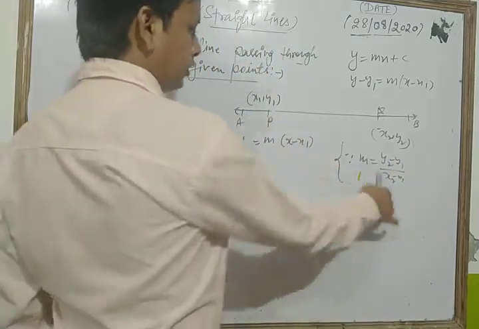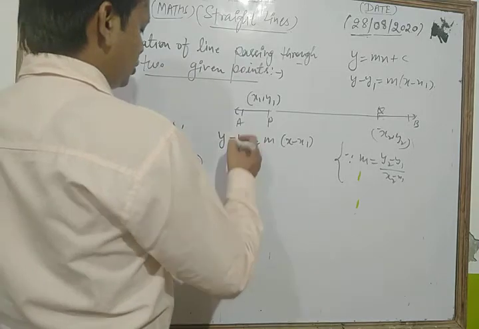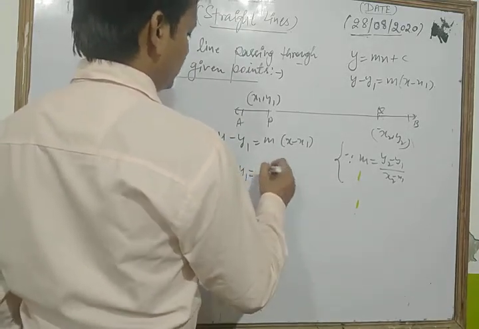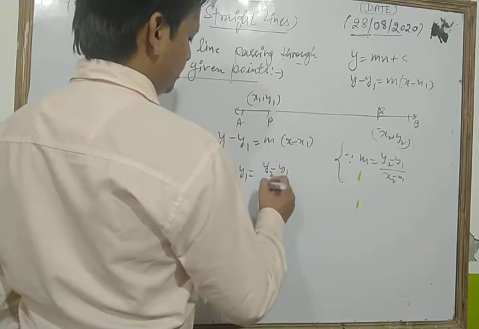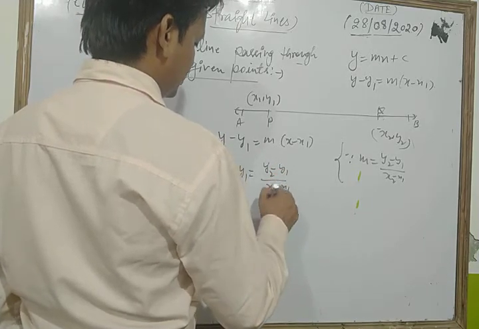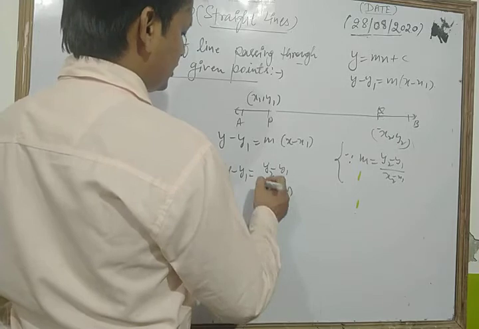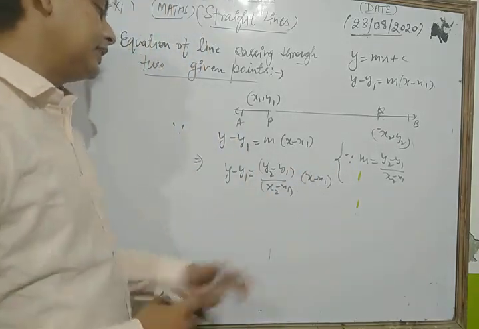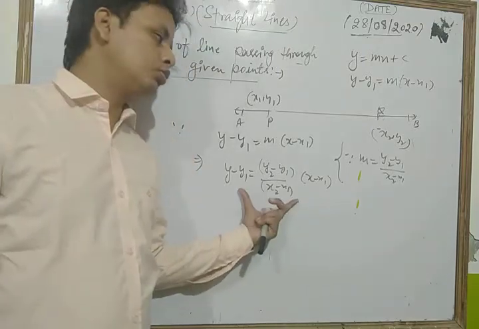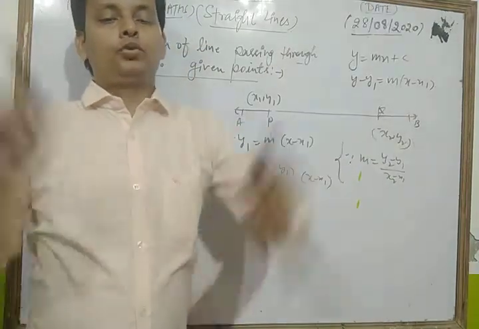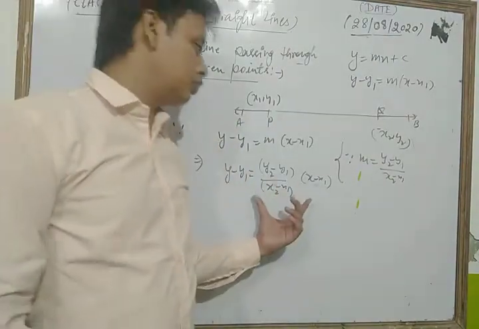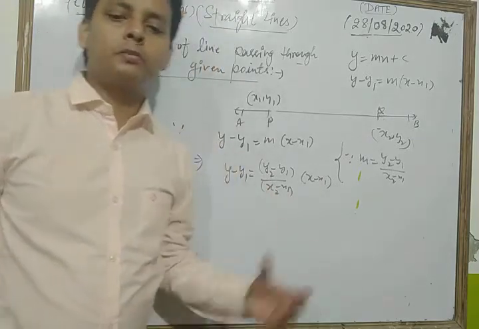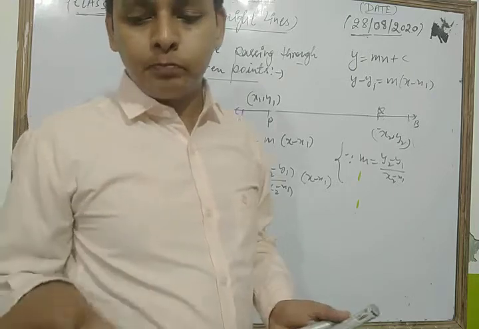So here we put the value of m, and we get the equation of line as y minus y1 = (y2 minus y1)/(x2 minus x1) times (x minus x1). So dear students, this is the equation of line passing through two given points. This is the formula, and you must learn it, and we will solve many questions based on this topic.